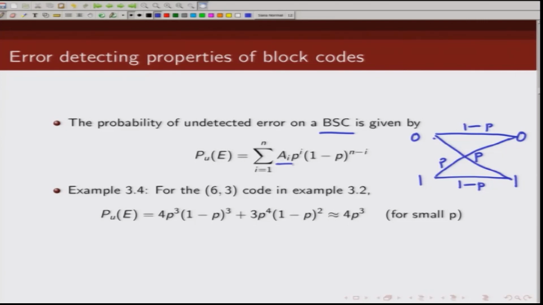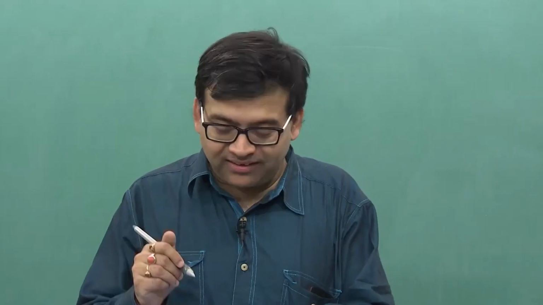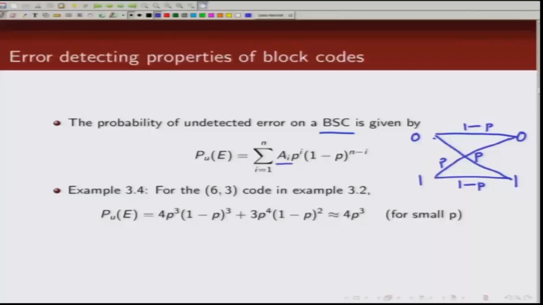So, that probability is given by p raised to power I into 1 minus p raised to power n minus I, and how many such code words exist? That number is given by A_I. So, the probability of getting a weight I code word at the receiver when you send an all 0 code word, that probability is basically given by this.